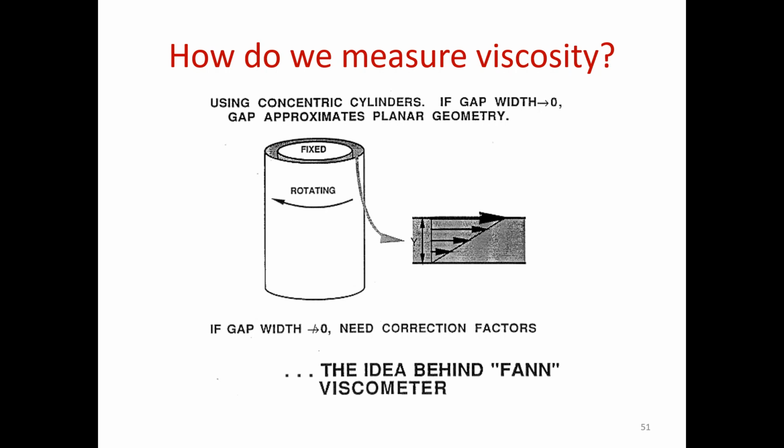If it's a very low curvature, you could actually get parallel plates. So most viscometers are like this: there's a fixed cylinder in the middle and a rotating one on the outside. And that approximates planar geometry that gives me equations that I can fit to. And that's how we measure effective viscosity.